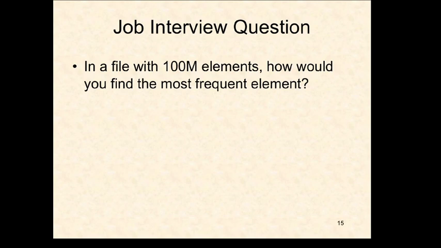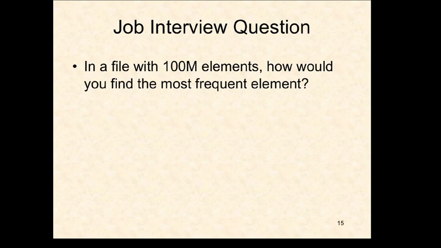Okay, so here's a question for you now. Suppose I tell you I've got a file, it's got 100 million elements. How do you find the most frequent element? Well, one way would be we could do merge sort on the external data.